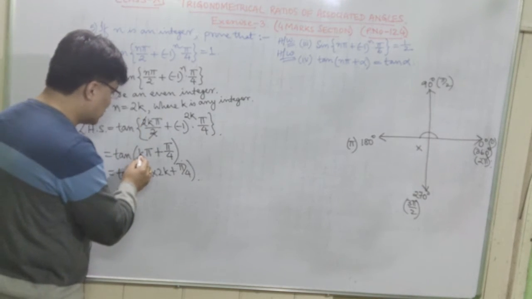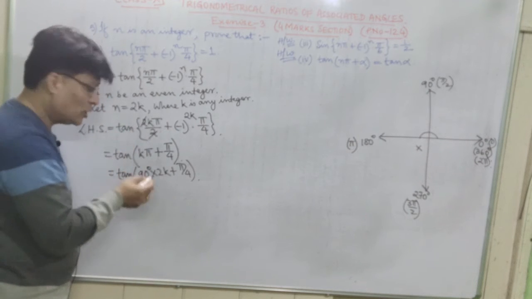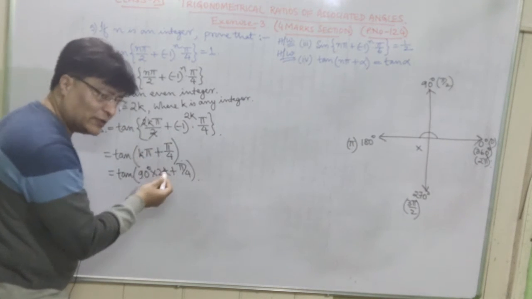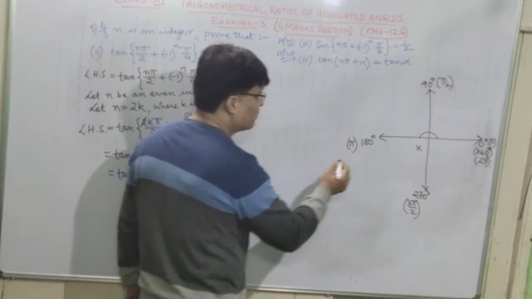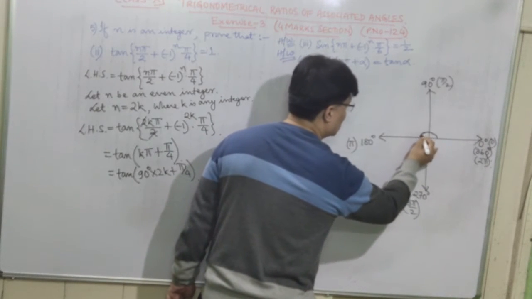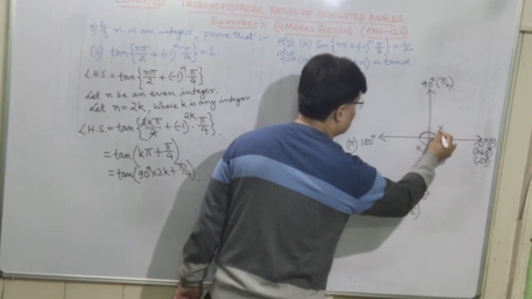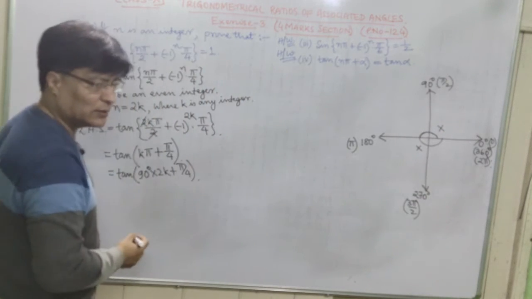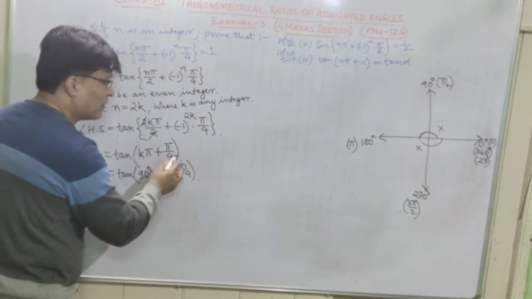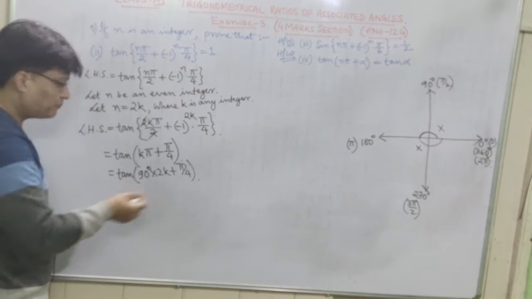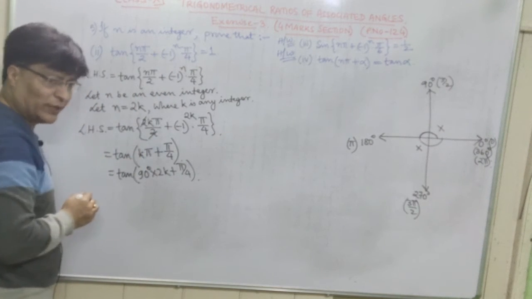Again, suppose k is equal to 2. If you put k as an even integer, suppose k is equal to 2, it is 2 pi. What is 2 pi here? This is 1 pi, 2 pi, plus pi by 4 lies in the first quadrant. So if k is equal to 2, then 2 pi plus pi by 4 lies in the first quadrant. Suppose k is equal to 3.